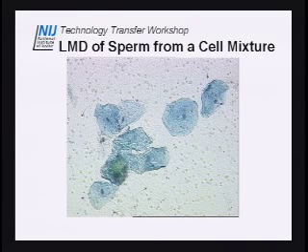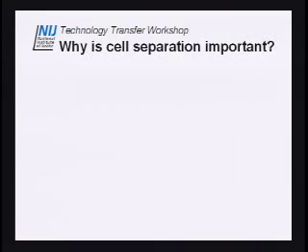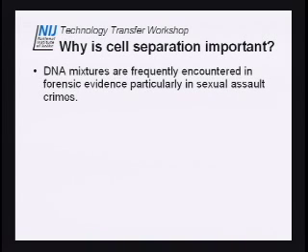So this is a picture. This is Christmas tree stain. Of course, the color doesn't come out as well as on the screen here, of sperm and epithelial cells. And just briefly, we'll go over this in more detail later, but why is cell separation important? DNA mixtures are frequently encountered in sexual assault evidence, and everyone knows that, and there are probably huge backlogs of it in most of your facilities.